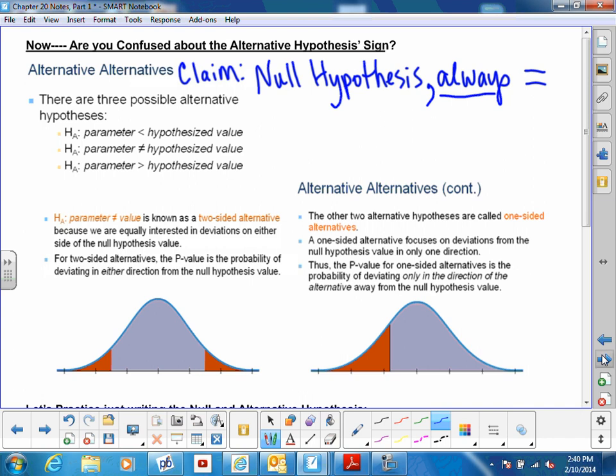If somebody claims that the proportion of the county that's Hispanic is 19%, then you are saying that the proportion equals 19%. That's what the null hypothesis will be. It is also notated as an H with a little 0. That's the null hypothesis.